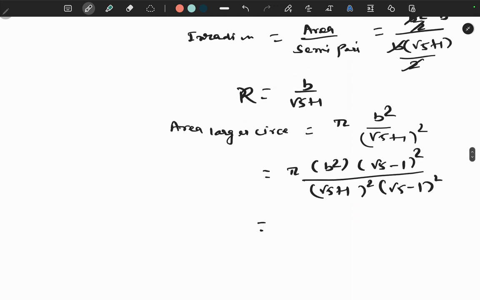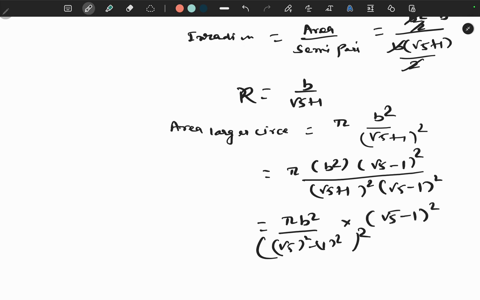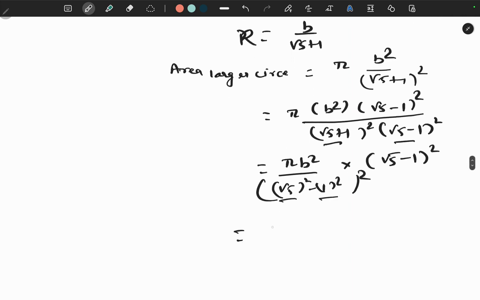So this becomes nothing but pi b square times root 5 minus 1 whole square, over root 5 plus 1 whole square times root 5 minus 1 whole square, because these two are under the part of a whole square. These two become root 5 square minus 1 square, and there is a whole square outside it. So just solve this.